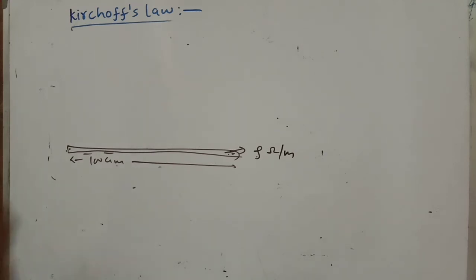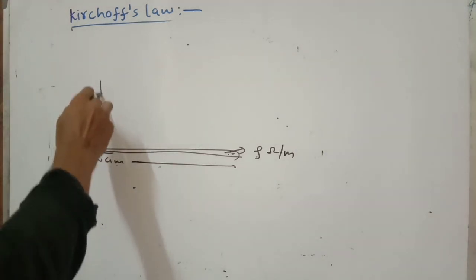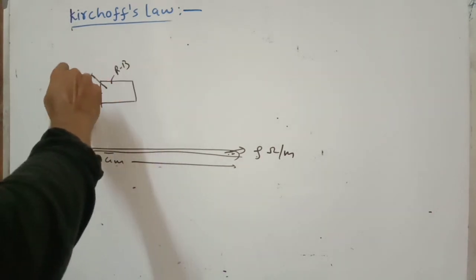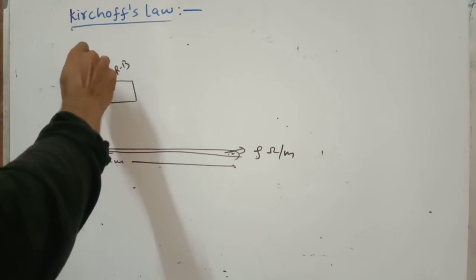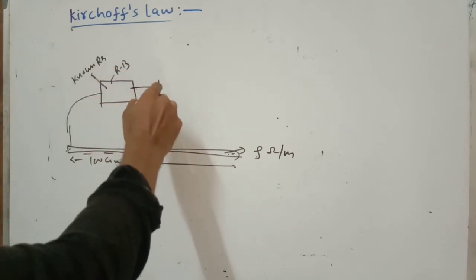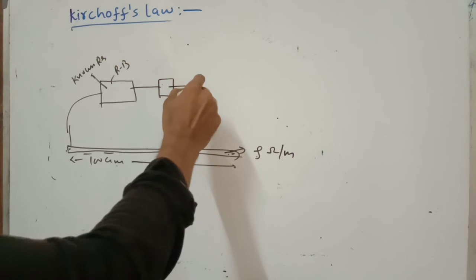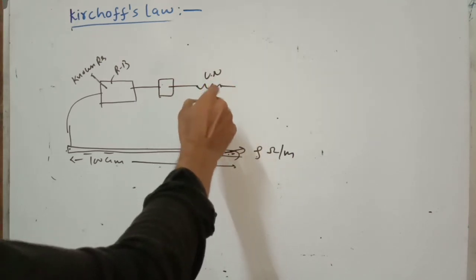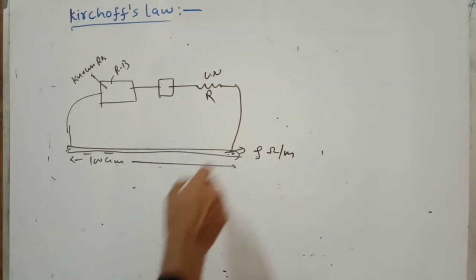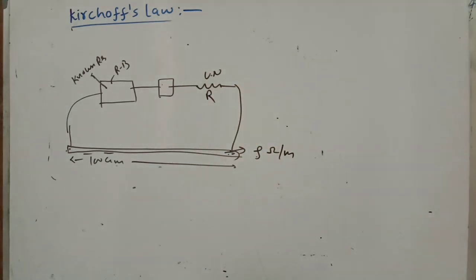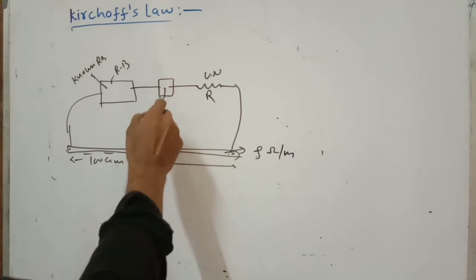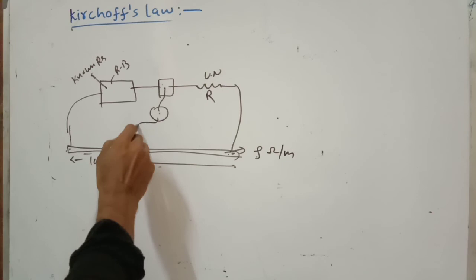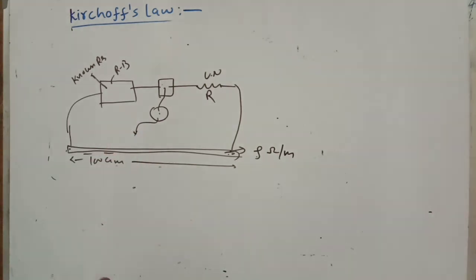Here we apply a wire connected with a resistance box where we know the known resistance. After that we connect the unknown resistance, let it be R, and this is connected to the other end of the meter bridge. The middle of this is connected with a galvanometer, and the other end of the galvanometer is connected with the jockey.